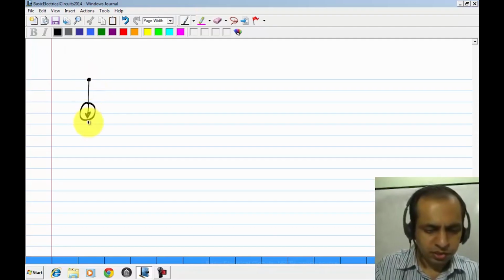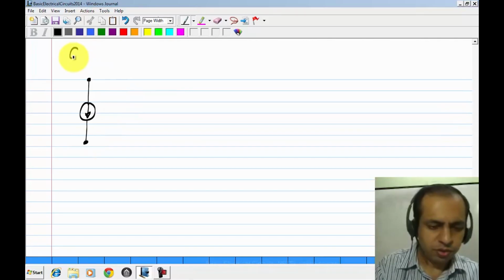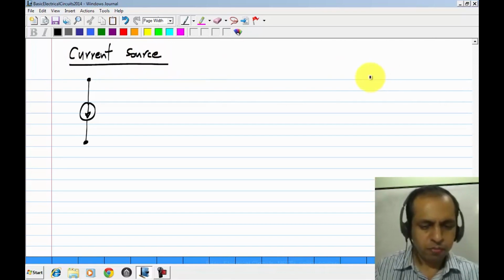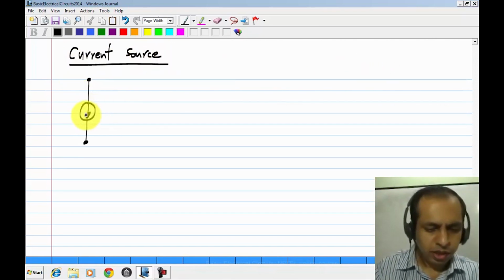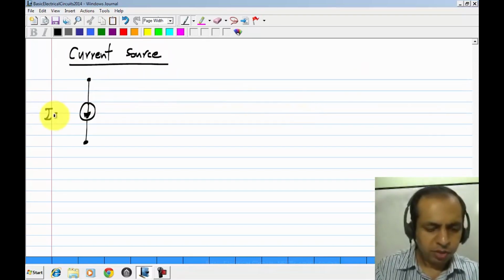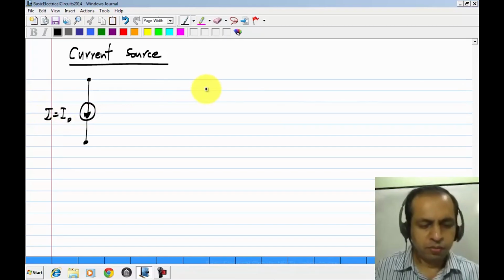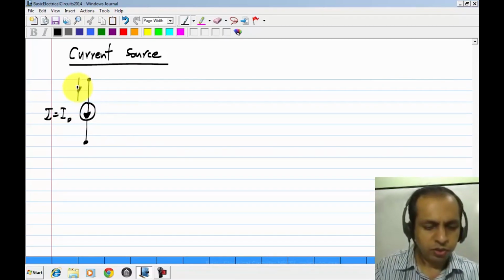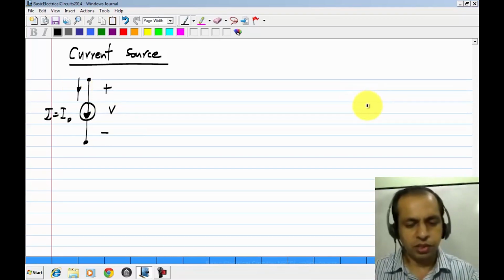This is the symbol for a current source, and this arrow denotes the direction of the current definition, and that will be given by some I naught. Since the current is flowing this way, by passive sign convention, we define the voltage V across it to be that way. So what does a current source do?